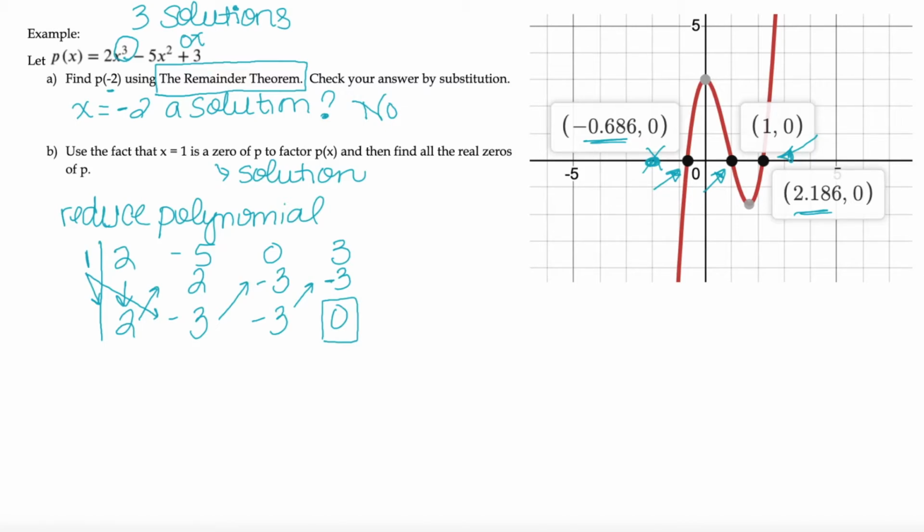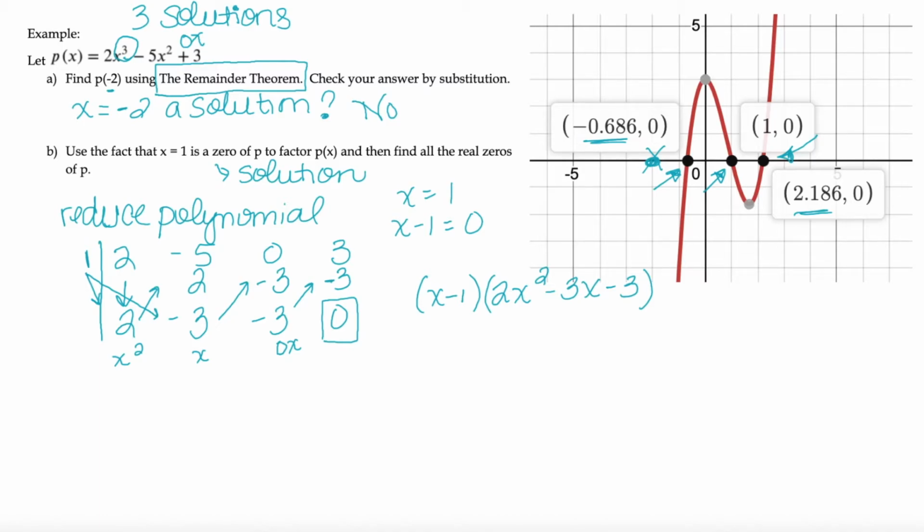And now we have a reduced polynomial. We have our coefficients, for x squared, x, and the constant. Since we know x equals 1 is a solution, x minus 1 is a factor. And we have 2x squared minus 3x minus 3.